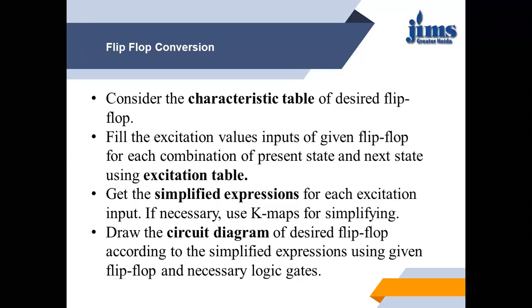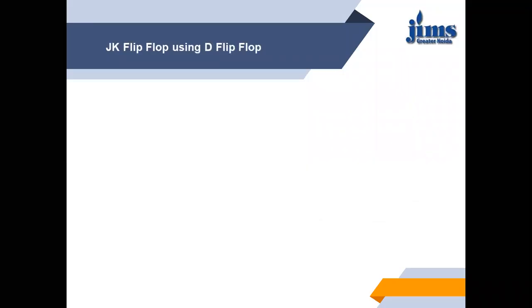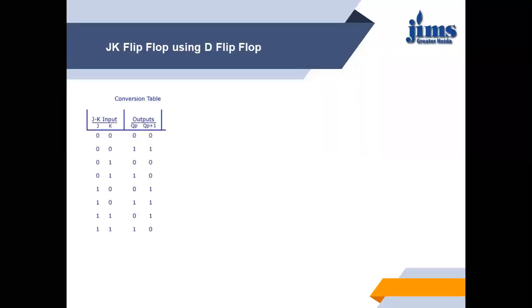These steps will be pretty clear when we discuss them with the help of an example. Suppose we have to design a JK flip flop using a D flip flop. So we have to write down the characteristic table of the JK flip flop like this.